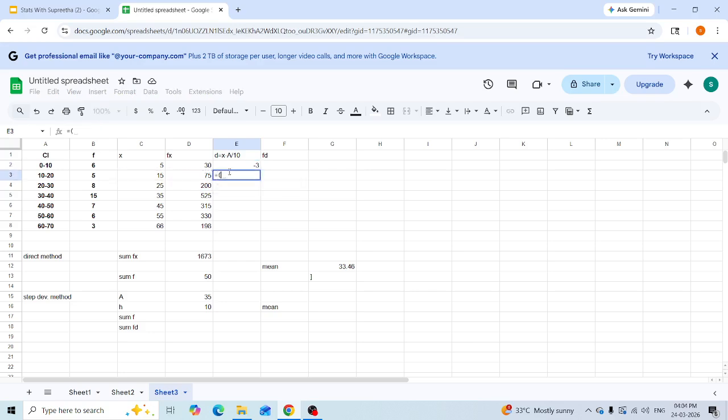That is x, 15, minus the assumed mean 35, divided by 10, we get minus 2. You can take any assumed mean between these x values.